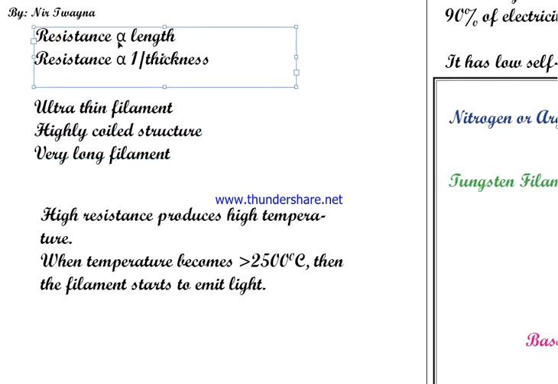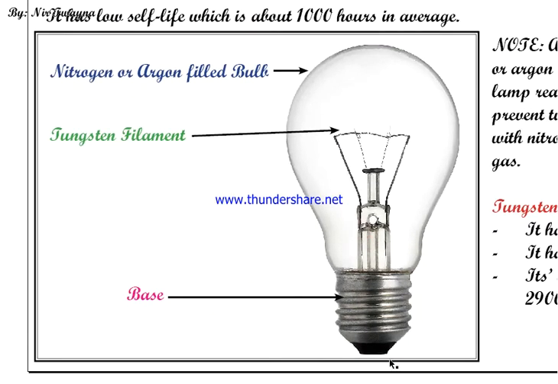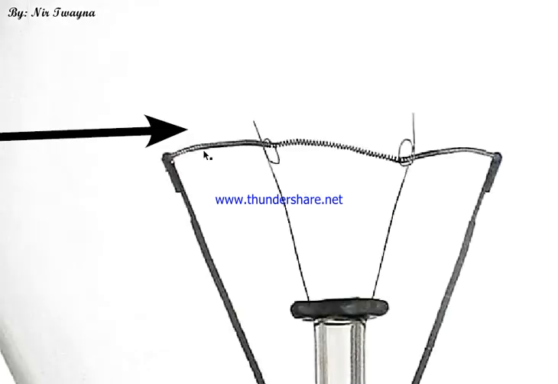We know resistance is proportional to length and inversely proportional to thickness. So by using an ultra thin and extra long filament in a highly coiled structure, we increase resistance. In three ways we can increase the resistance of the filament. High resistance produces high temperature, and when the temperature becomes more than 2500 degrees Celsius, the filament starts to emit light. That is how the filament lamp produces light. Now, as a filament, what element is used?